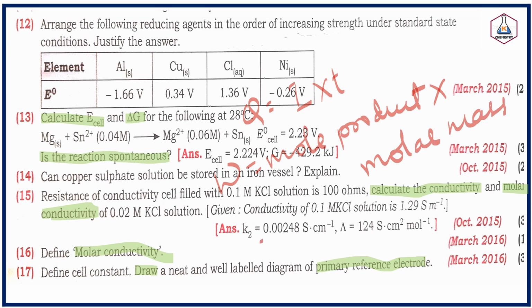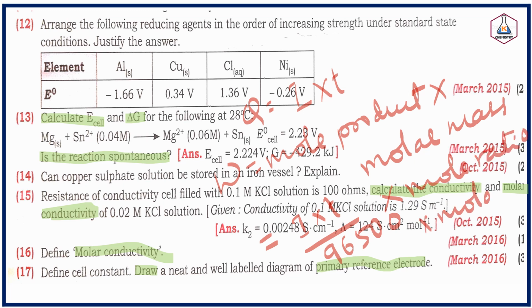The mole product is given by I into T by 96,500 into mole ratio. So W equals that into molar mass.